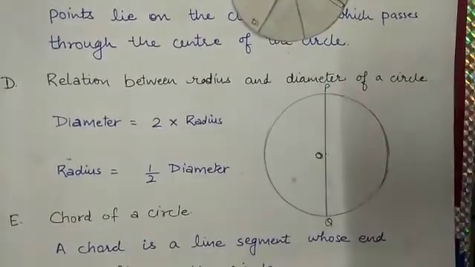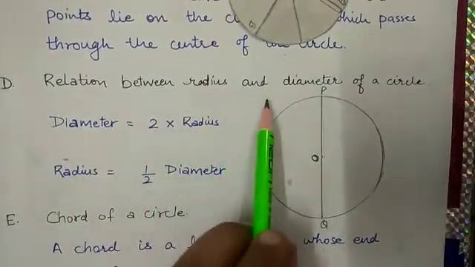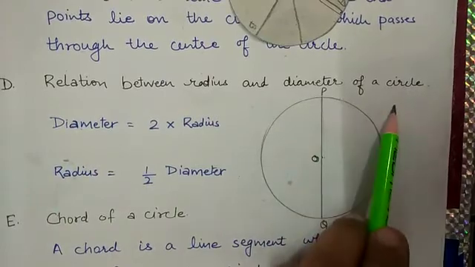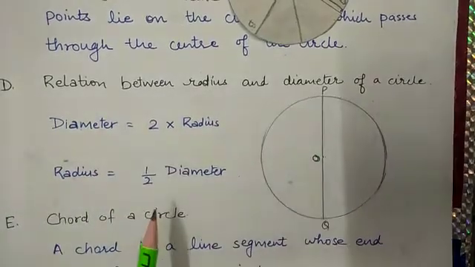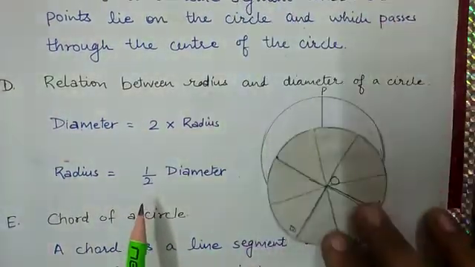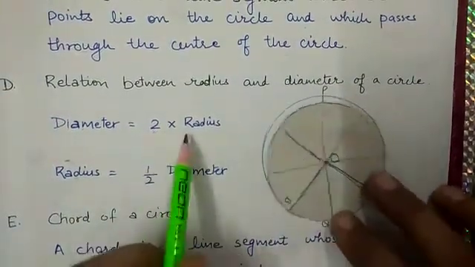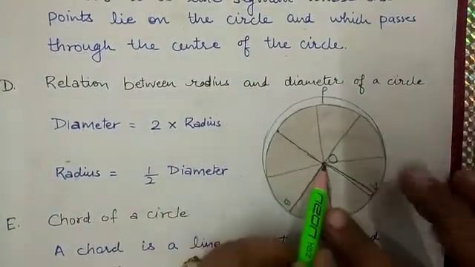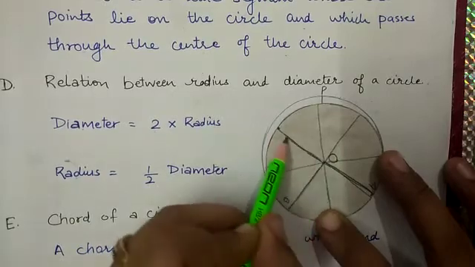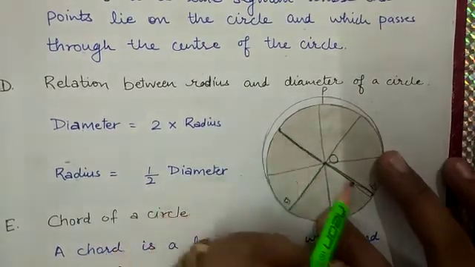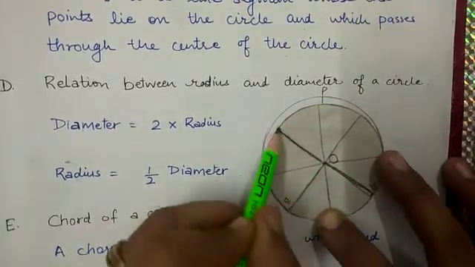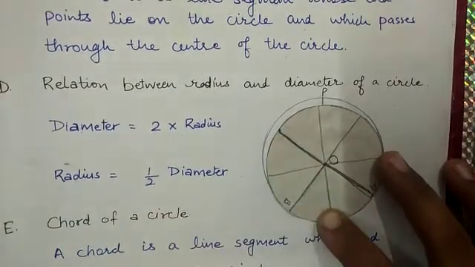Next comes the relation between radius and diameter of a circle. Diameter is equal to twice the radius. That means if I take one radius and one radius, that is two radii I have taken, I will get the diameter of a circle.